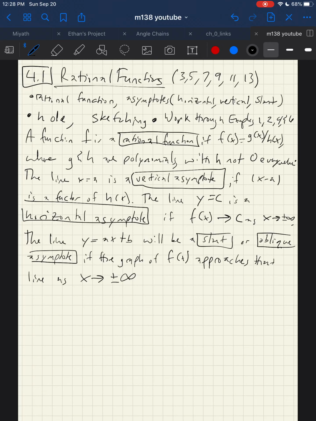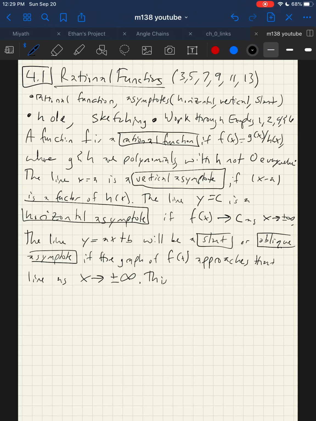For rational functions like we're looking at in this section, it will be plus and minus infinity for both of these, but there are other rare types of functions out there that do different things, which we'll see very rarely in this class.